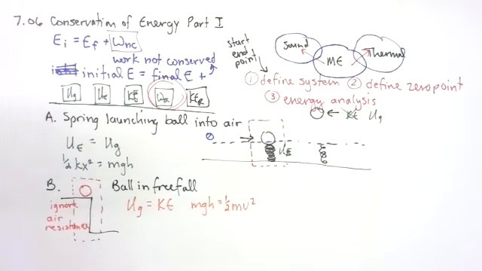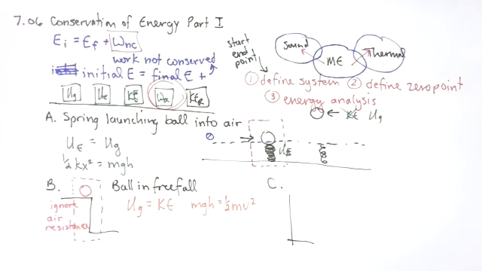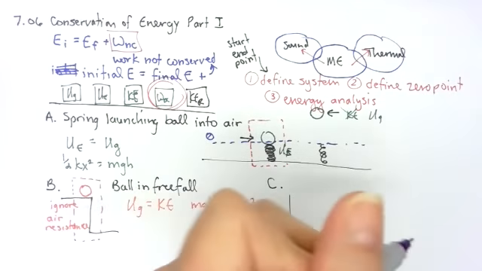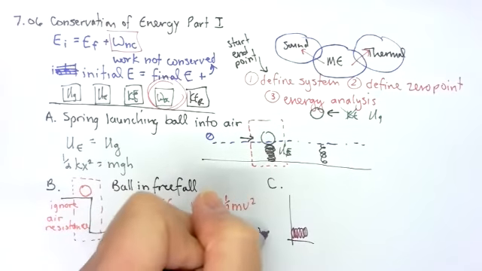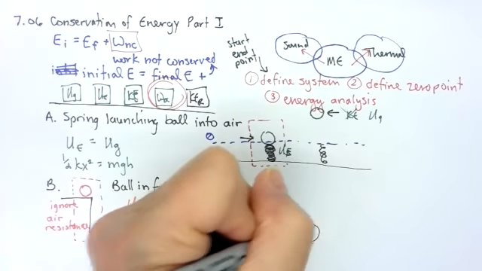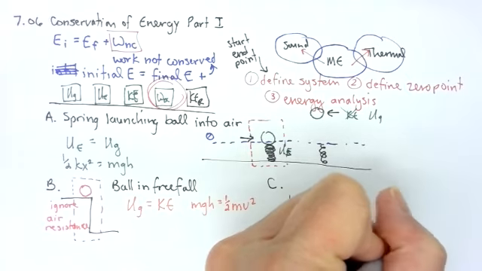All right, let's do one more. Let's take a spring that is against a wall, and we've compressed it. So I'm going to show a compressed spring. So this is before. And we're going to put a ball next to that. And then after, the spring is going to be uncompressed.